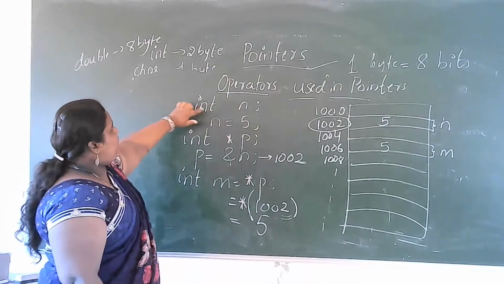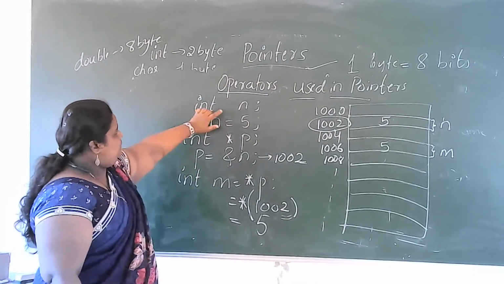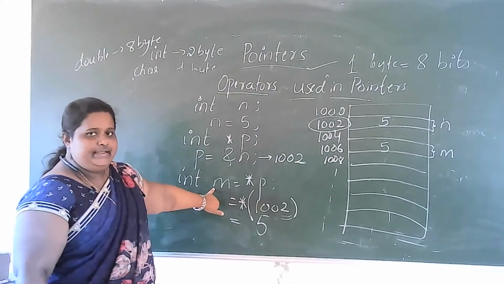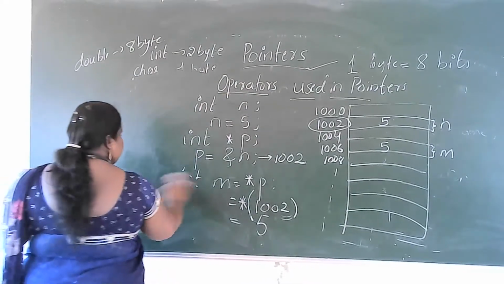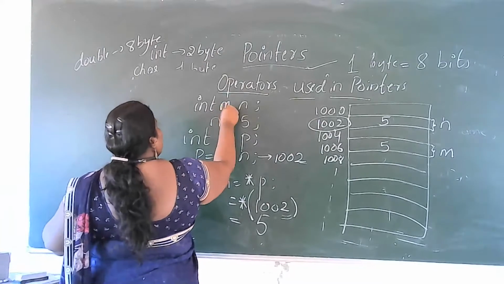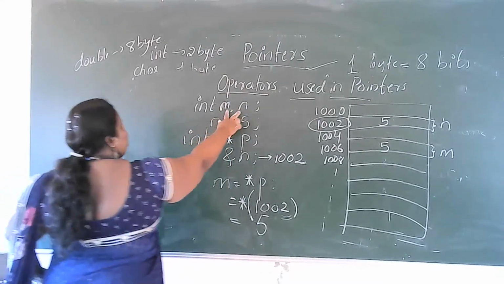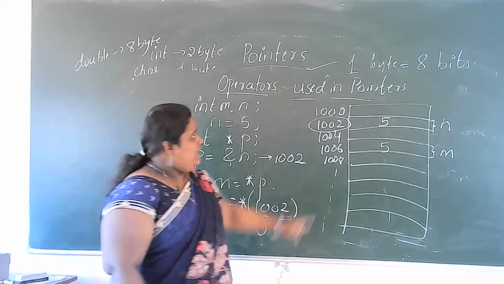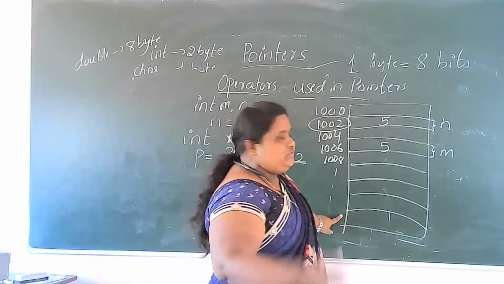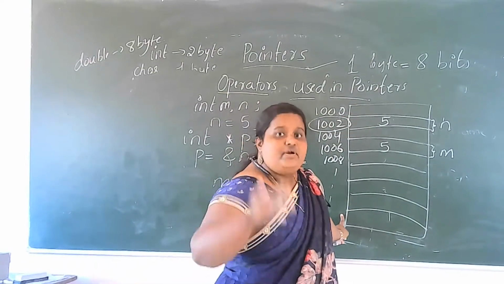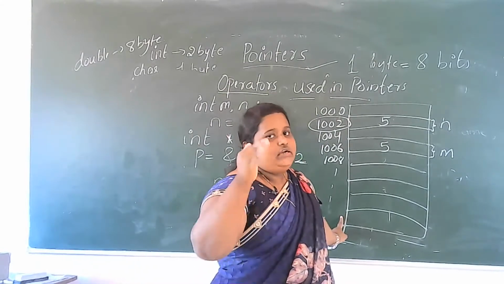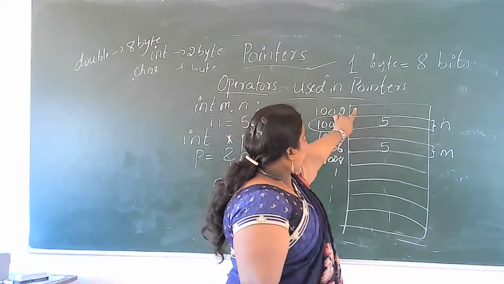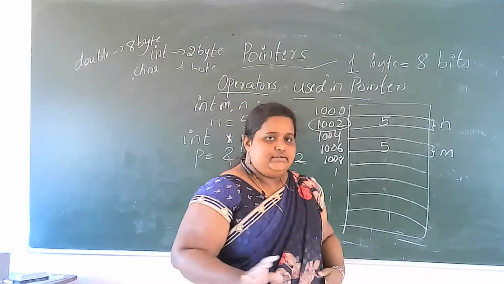Here we have declared two variables, int m, n, of type integer. Computer memory is divided into a number of contiguous blocks, one after the other.